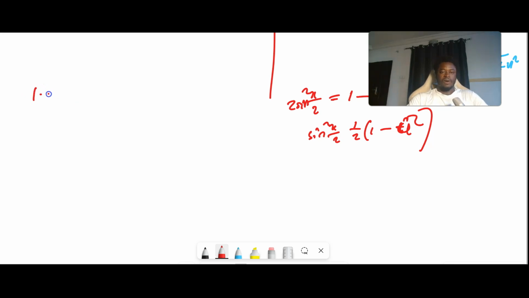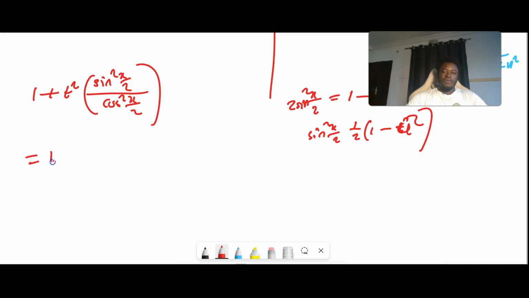write it as 1 plus t squared, then you would have sine squared of x over 2 divided by cosine squared of x over 2, and that would be 1 plus t squared. At the very top, sine squared of x over 2 is going to be half of what? 1 minus u squared.